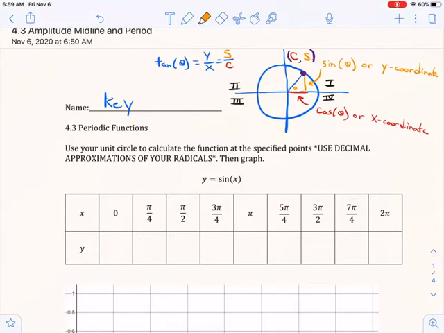I also talked about how, if you're looking for the sine of some angle, then you're just looking for the y coordinate on the unit circle. If you're looking for cosine, it's just the x coordinate. And if you're looking for the tangent of some angle, some of them are relatively easy to come by, but on other occasions you end up with a tricky y divided by x, your y coordinate divided by your x coordinate.